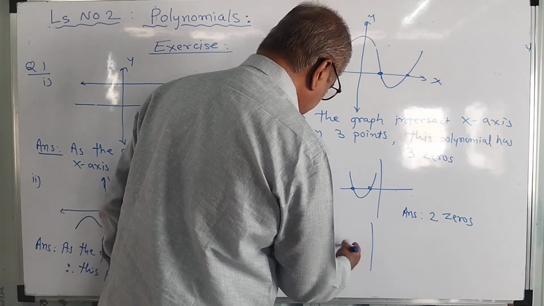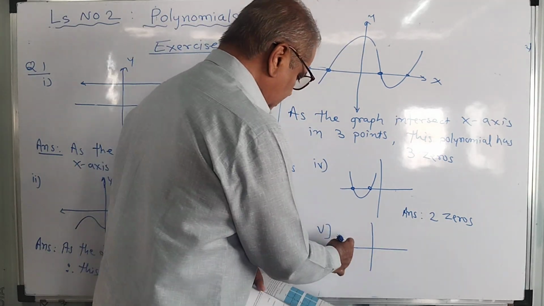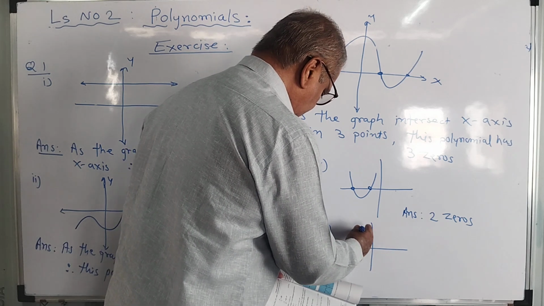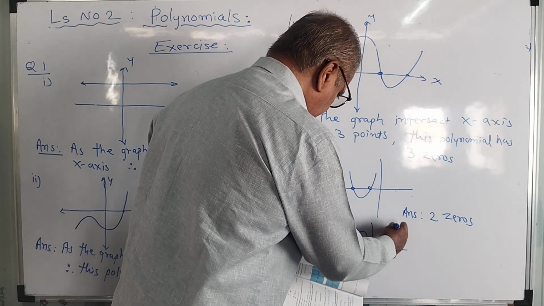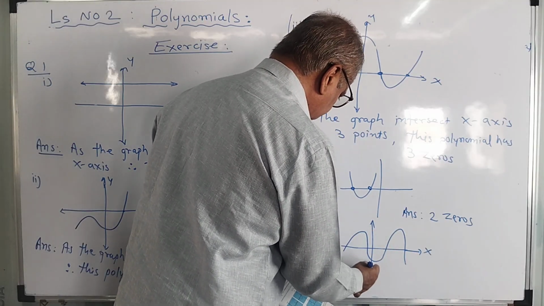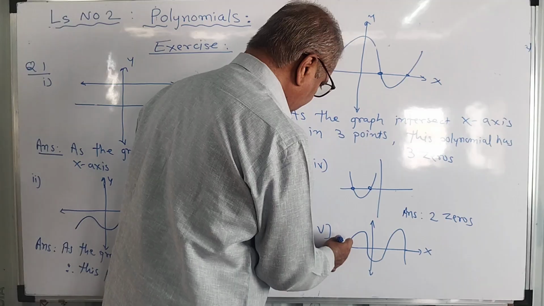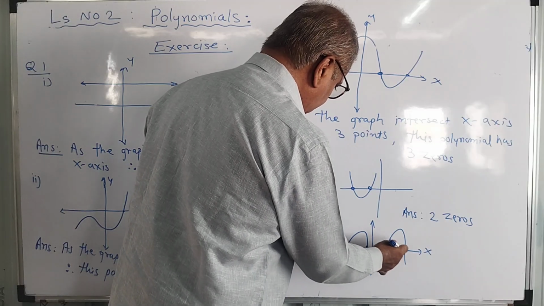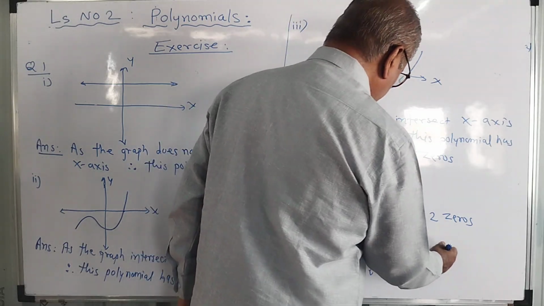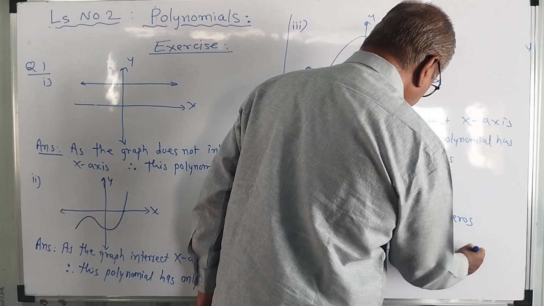It is like this. Now see, this graph intersects the x-axis in 4 points. 1, 2, 3 and 4. So the answer is 4 zeros.